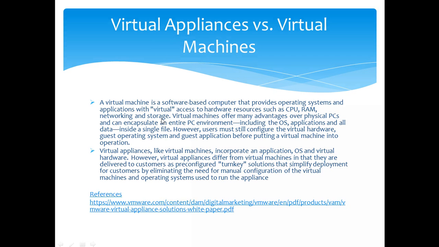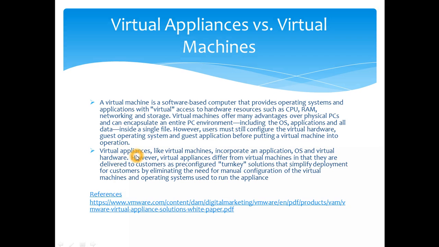As you can see, a virtual machine is an encapsulation of an entire PC environment, which includes OS, application, and other data. But the difference here is, as it says, however, the user must still configure the virtual hardware, which we did in the previous video, if you remember, and the guest operating system. So we ended up installing a Windows 10 OS and guest application before putting a virtual machine into operation.